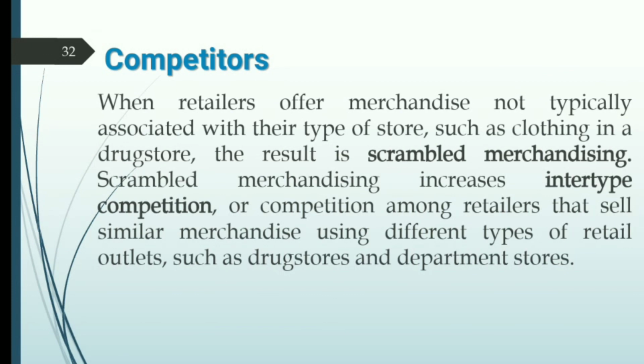When retailers offer merchandise not typically associated with their type of store, for example, selling clothing in a drugstore, the result is known as scrambled merchandising. This kind of merchandising increases inter-type competition, or the competition among retailers that sell similar merchandise using different types of retail outlets, such as drugstores and department stores.